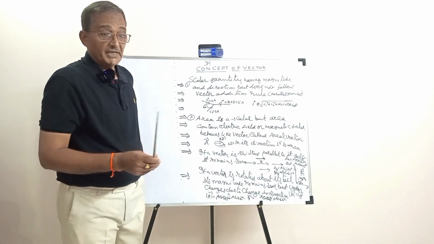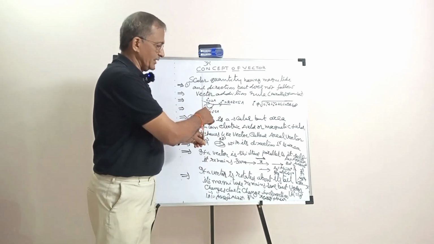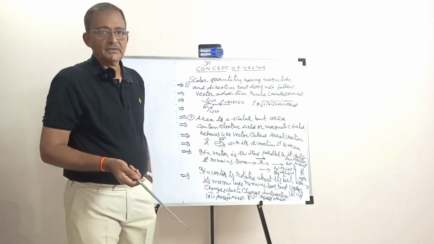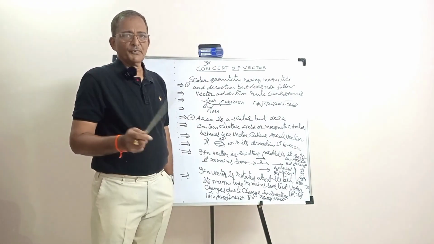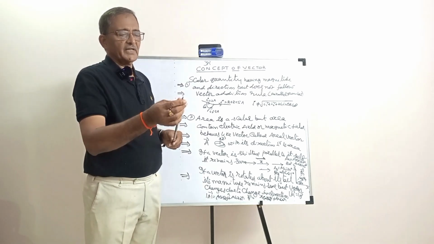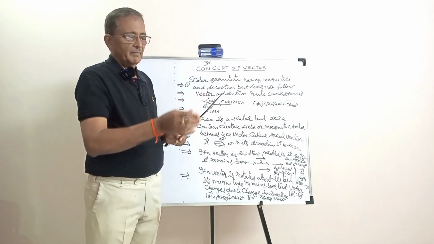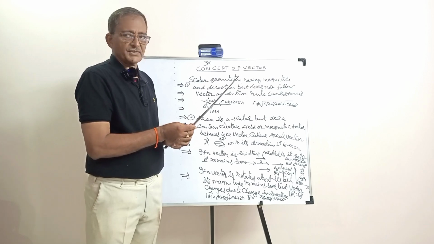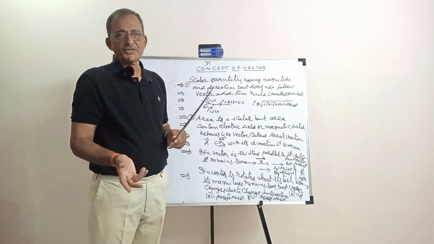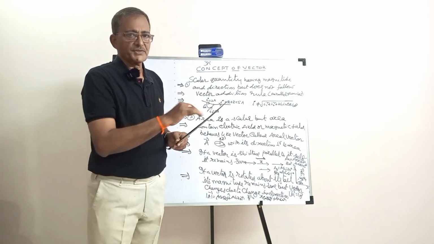But if a vector is rotated about its tail through some angle, then that vector changes. Why? Because a vector possesses magnitude and direction. The magnitude of this vector is not going to change because its length remains the same, but its direction changes. So if either magnitude changes or direction changes, or both change, we say that the vector changes.